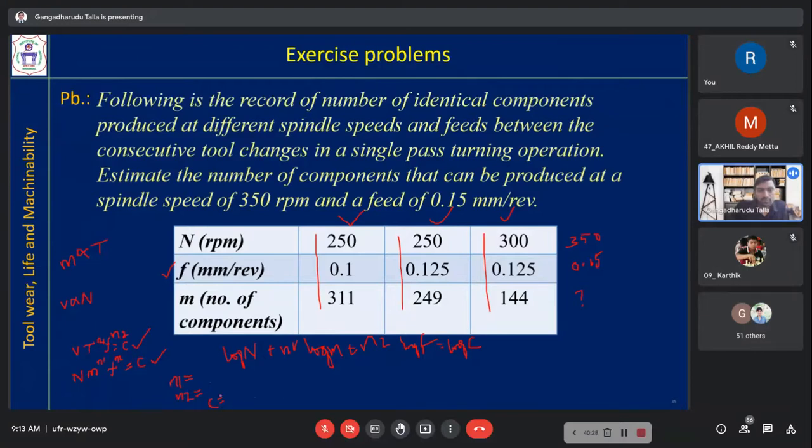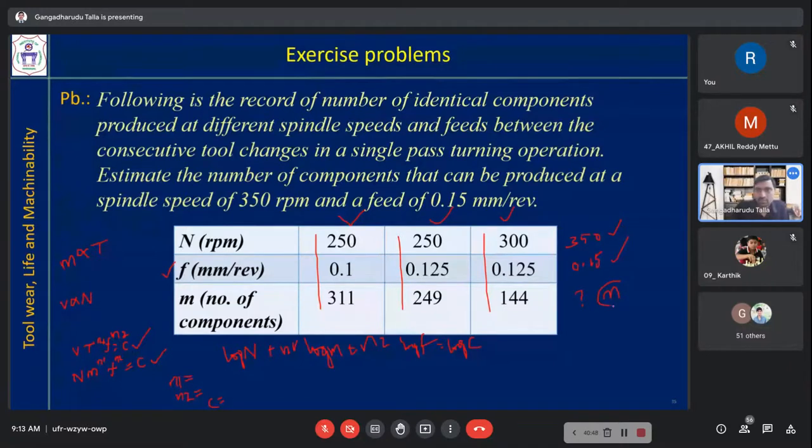Anyhow, I'll leave it here because I have given the procedure. So n1, n2, and C you will find. Once you know that, you can put 350 and 0.15 in the equation and find out the corresponding M value.